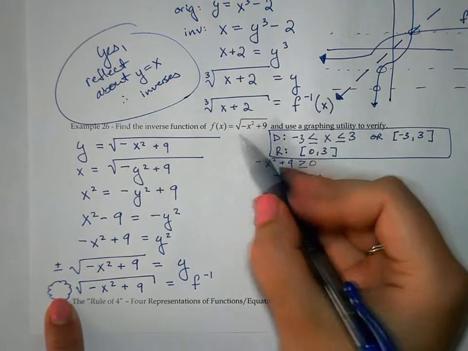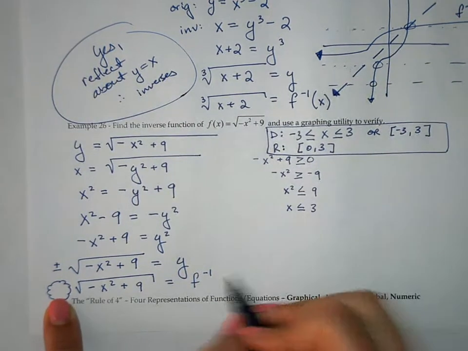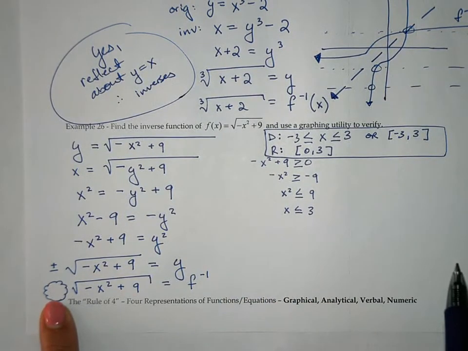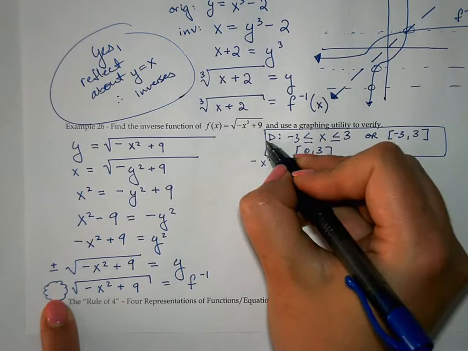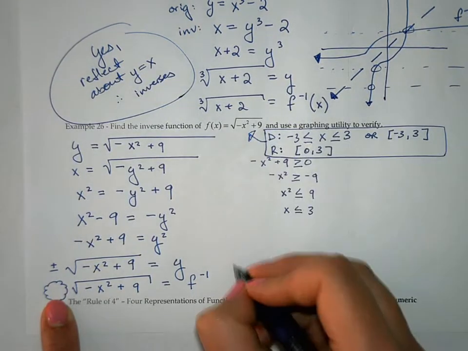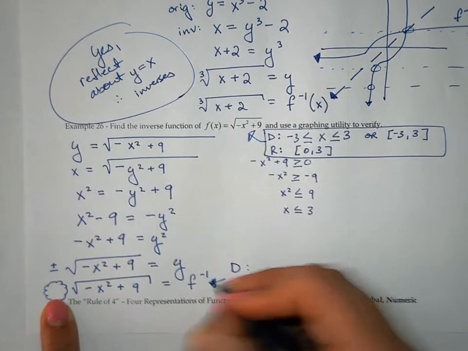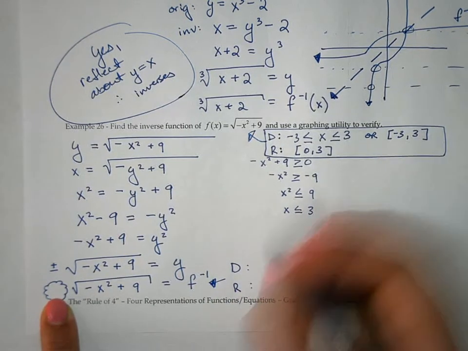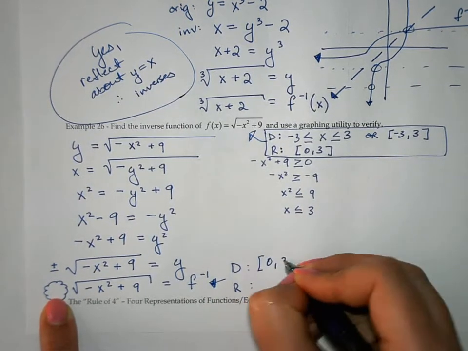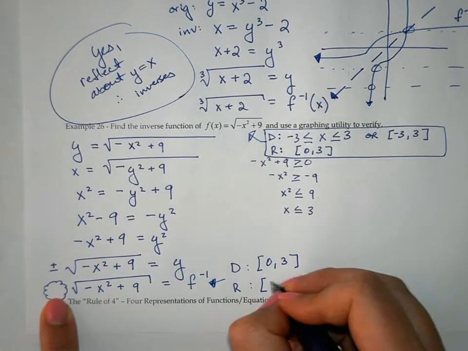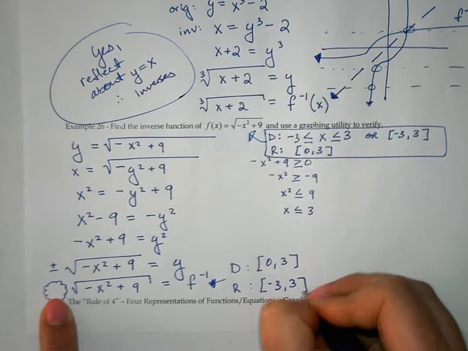Remember we had this domain and range restriction on the original? That means we're going to have domain and range restrictions on this guy as well. Okay? So if this is domain and range for him, then domain and range down here, flip-flopping this, 0 to 3, and negative 3 to 3.